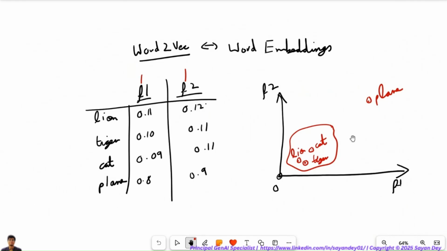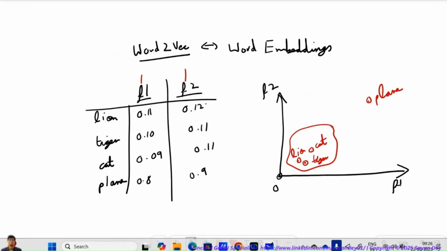Radhika is 2 numbers, is is 2 numbers, a is 2 numbers, good is 2 numbers, person is 2 numbers. The sentence as a whole will be an average of the word vectors. So you take an average of these numbers and you get the average document vector. That's the way we think of document embeddings.